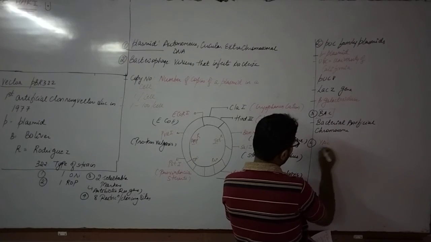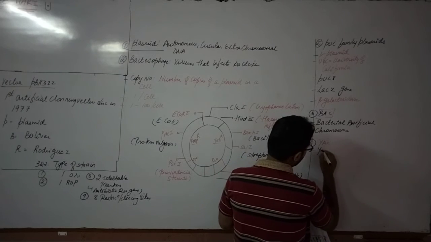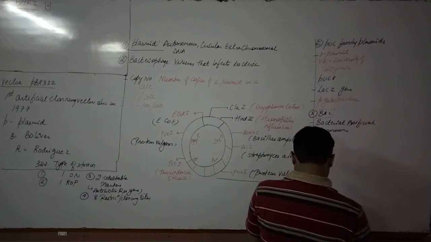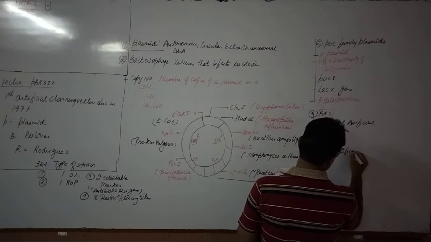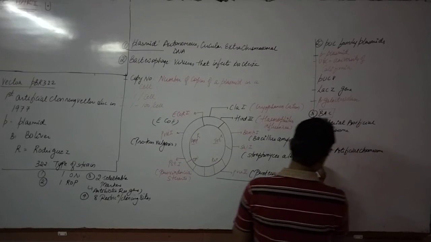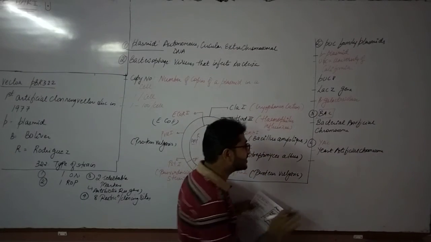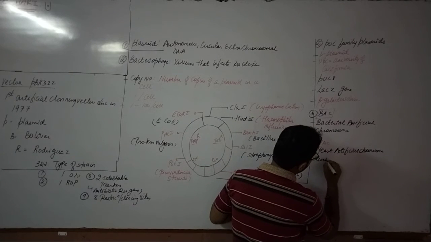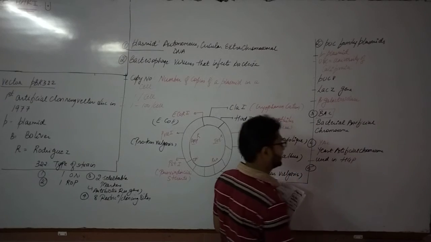Then within the yeast family, there is one vector which is called yeast artificial chromosome. And we all know BAC and YAC were used during the HGP, the Human Genome Project, but YAC was extensively used in the Human Genome Project.